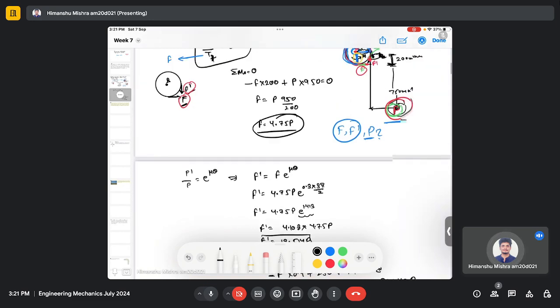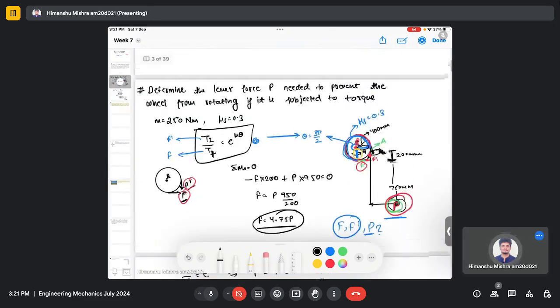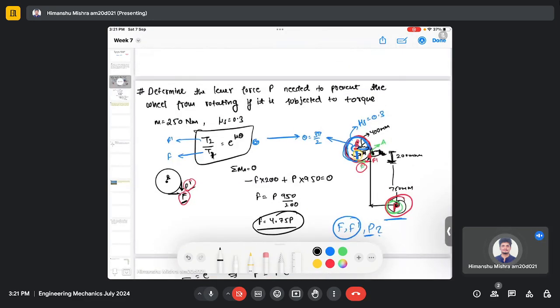So just to recap, we solved one of the example problems where we have a wheel and a belt drive which wraps around the wheel, and there's a lever which is connected, and at the end of the lever there is an external force P which is acting, and that we have to find.